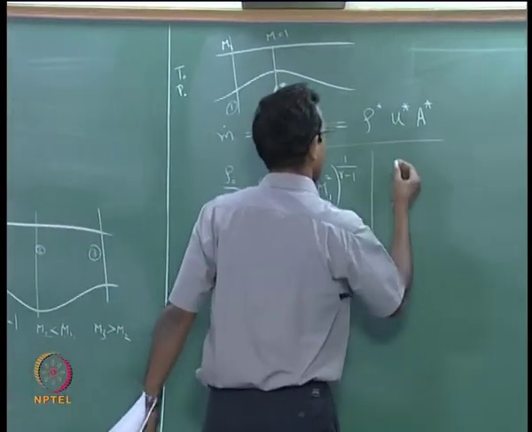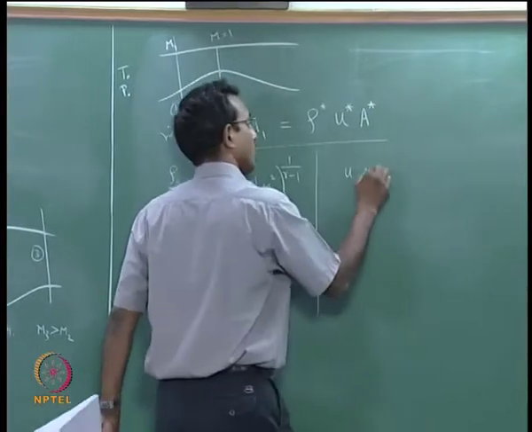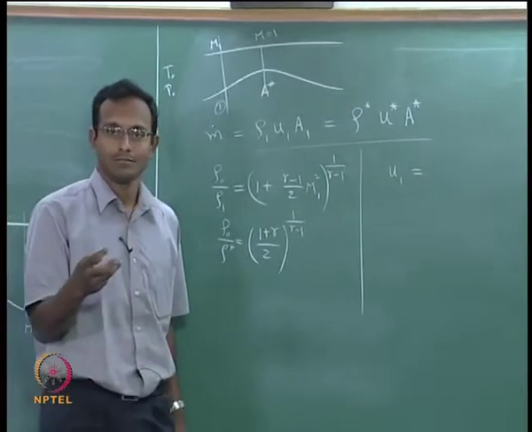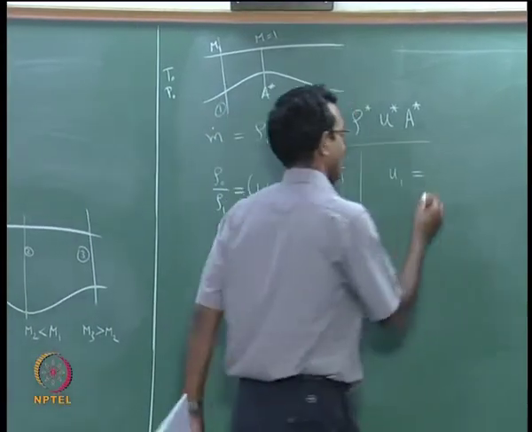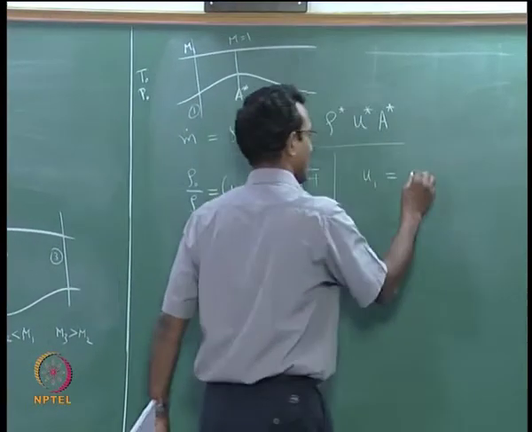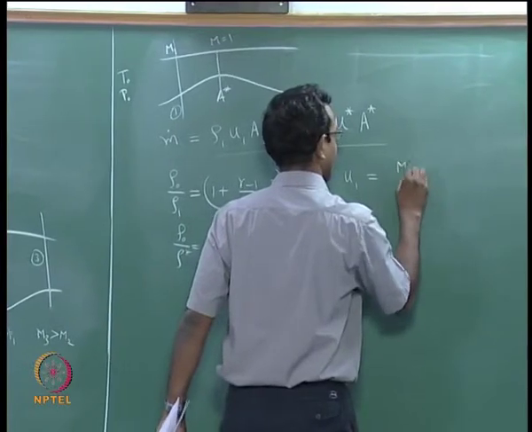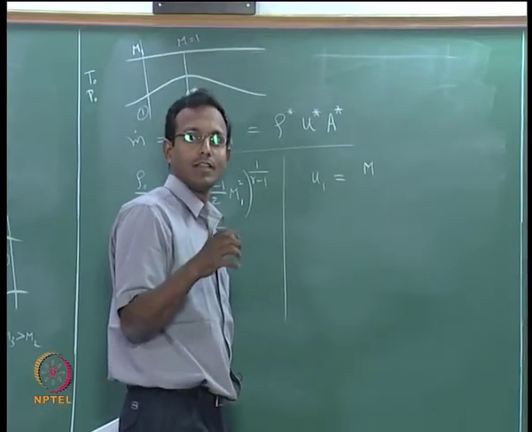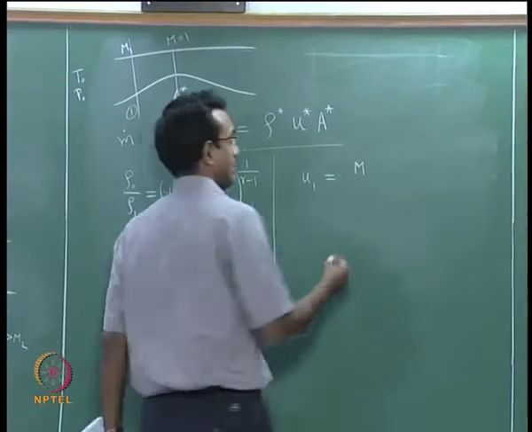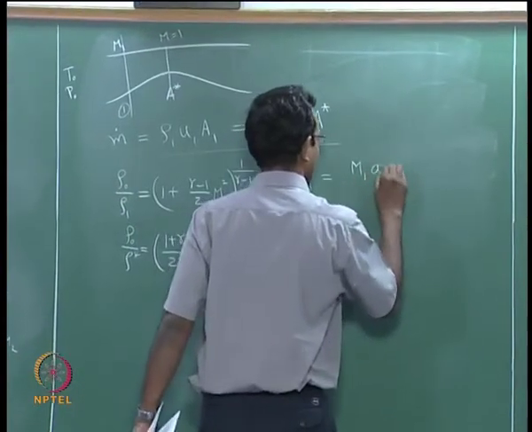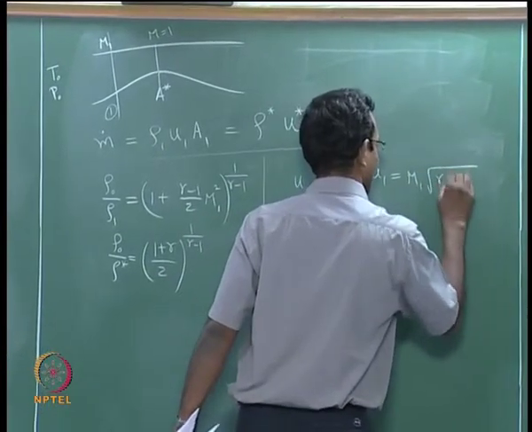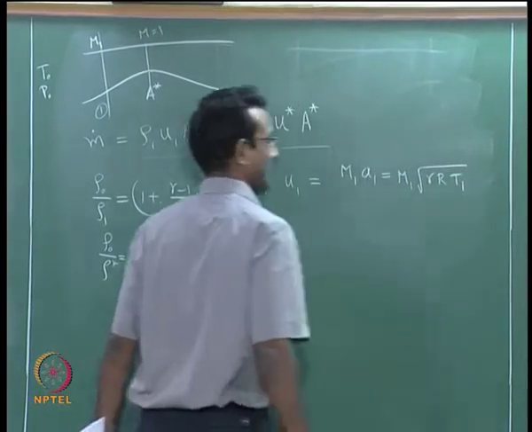u1 in terms of Mach number is what? It is Mach number times speed of sound. So it will be M1 times a1, which is written as M1 square root of gamma R T1.